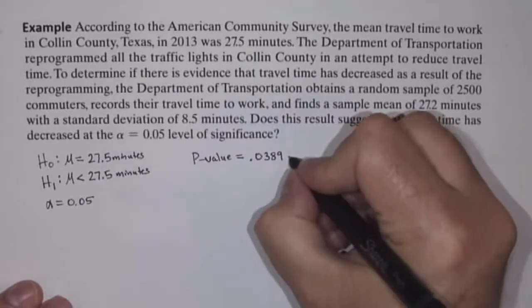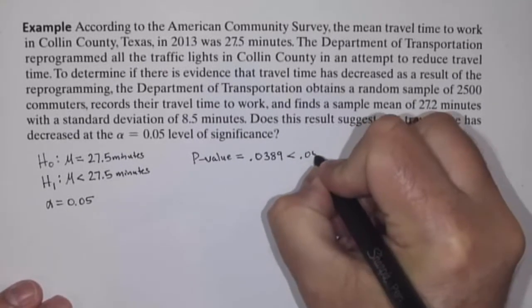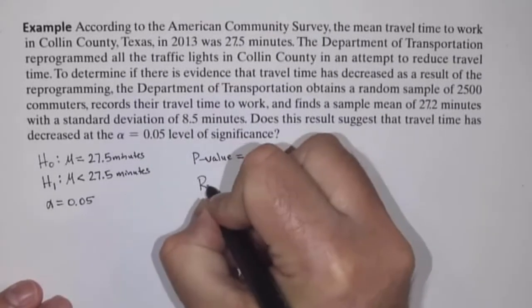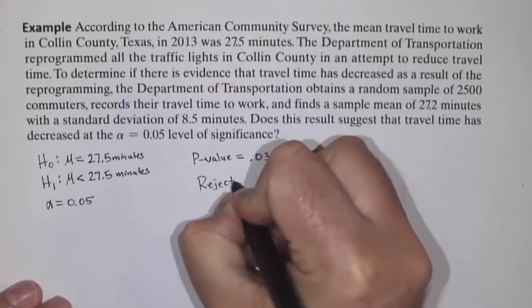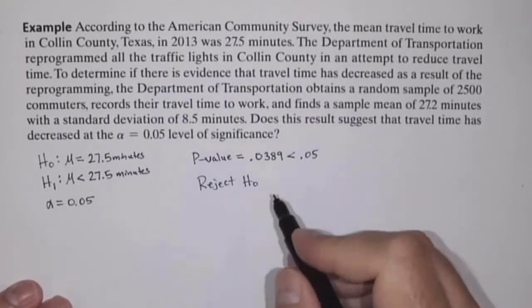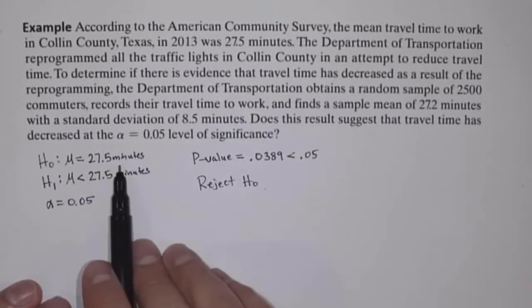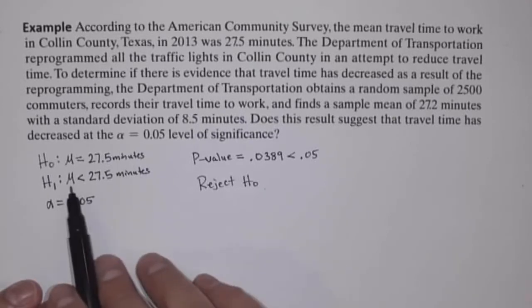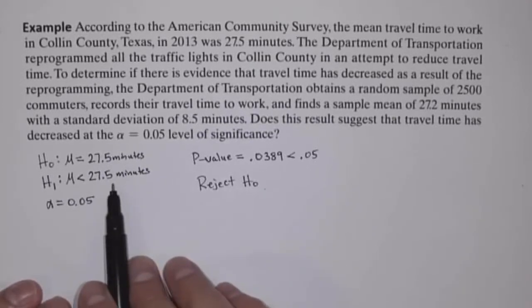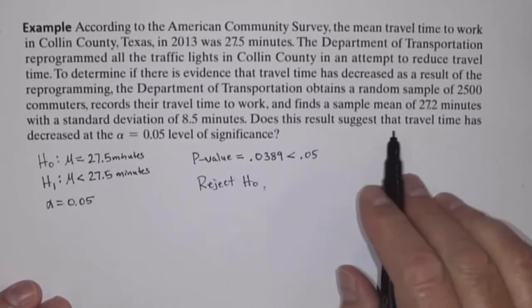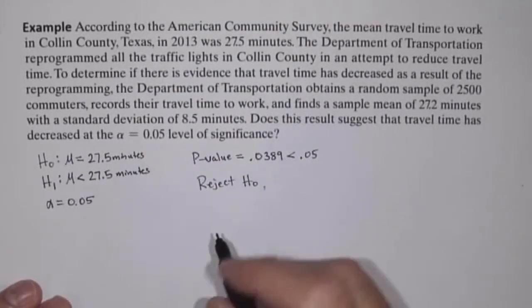Well, that is less than 0.05, our level of significance. So that tells me to reject the null hypothesis. So we're going to reject that the mean is equal to 27.5 minutes, and we're going to conclude that now the time is less than 27.5 minutes. So does this result suggest that the travel time has decreased?